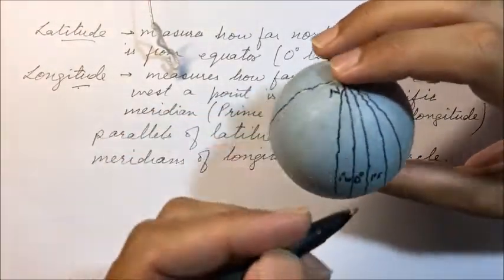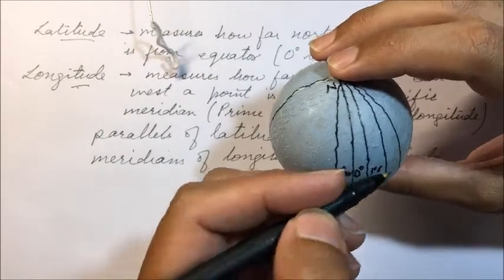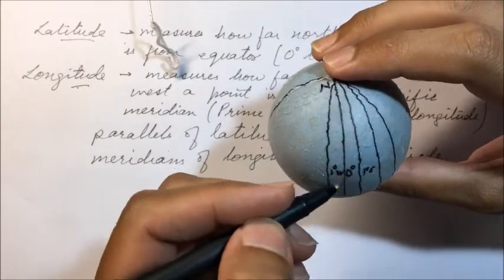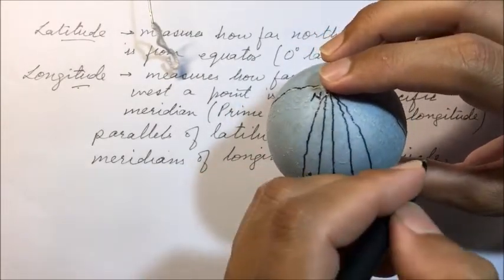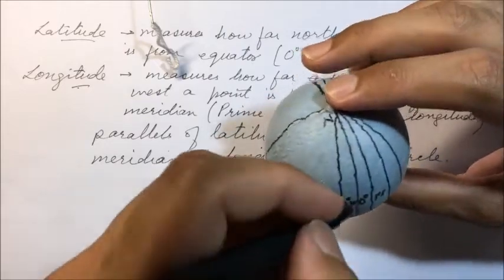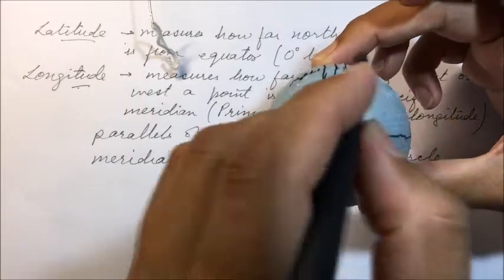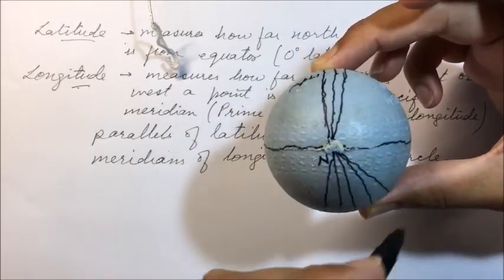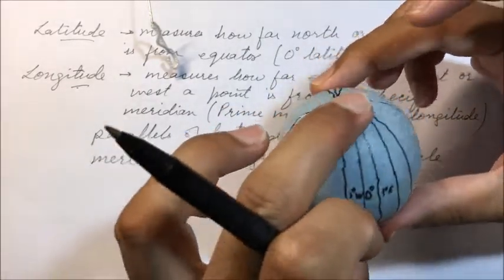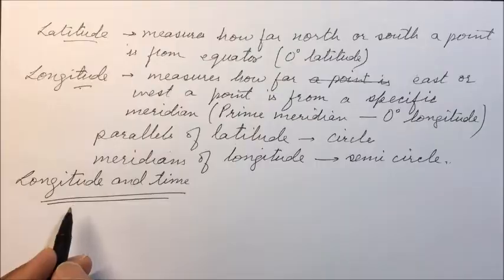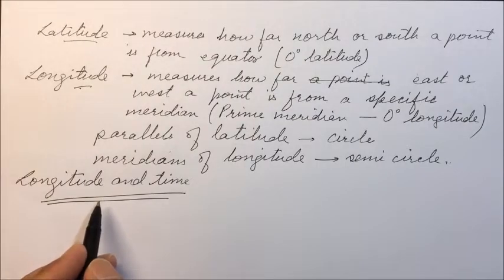As we have drawn meridians 1 degree apart on the equator, we have a total of 360 meridians on the surface of the earth, each forming a semicircle. Now let us start with today's lecture.